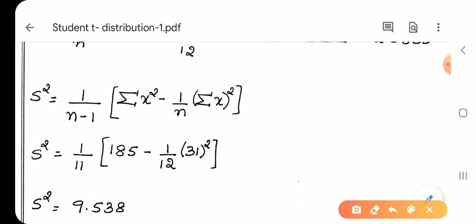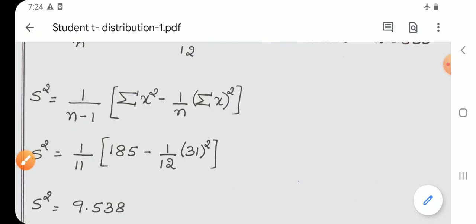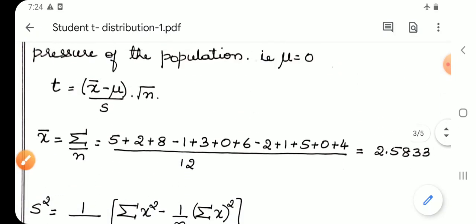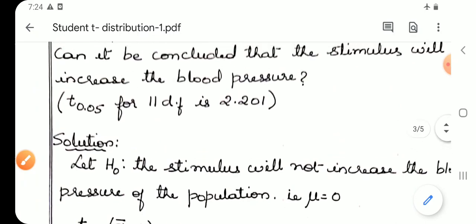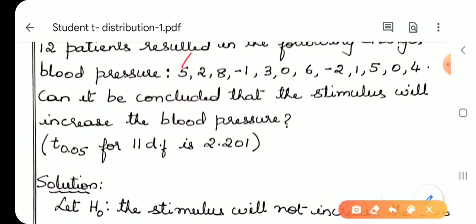Sigma x whole square, here sigma x whole square means, I will show you here. See, here these are the different values of x. Sigma x whole square means what we have to do, we have to take the square of each and add it.